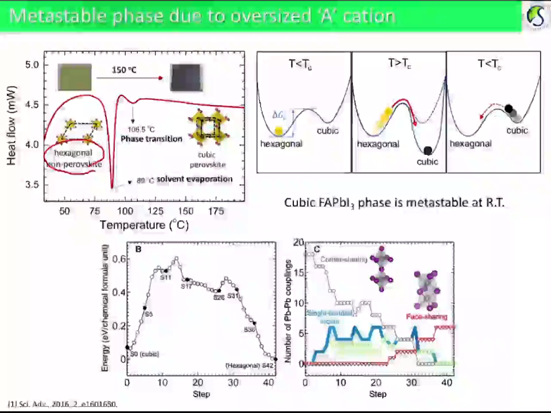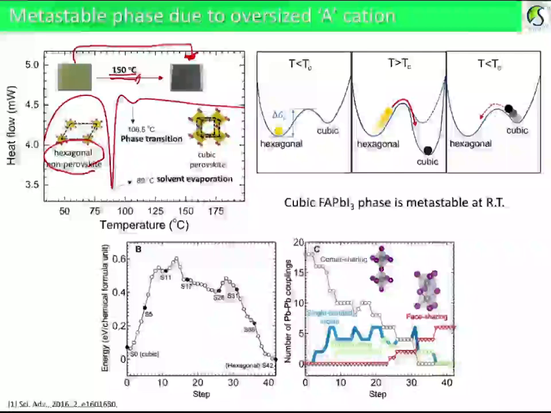But if we heat the film at around 150 degrees C, it can convert into the cubic perovskite structure, which means that probably the effective tolerance factor is greater than 1.